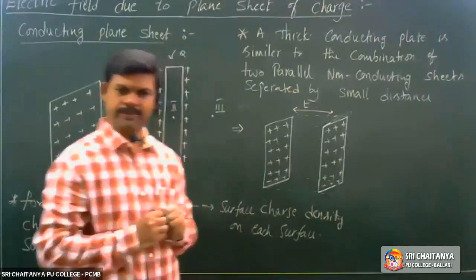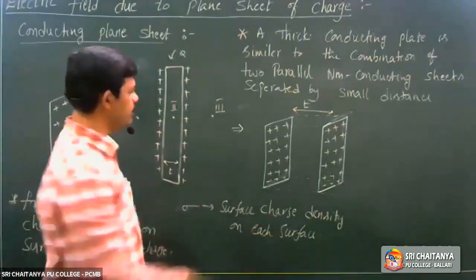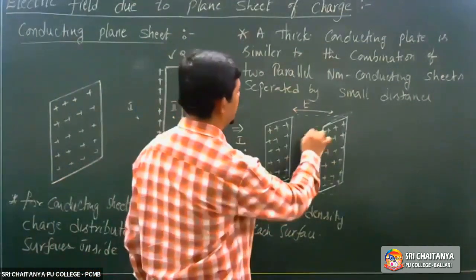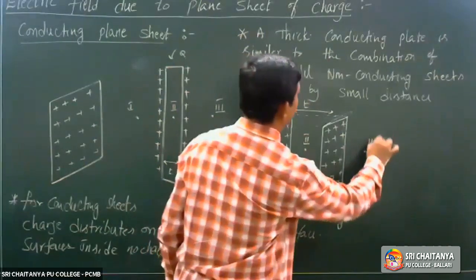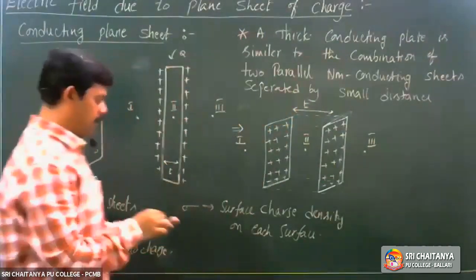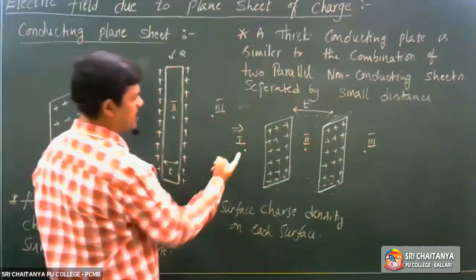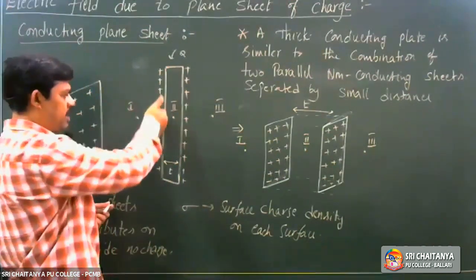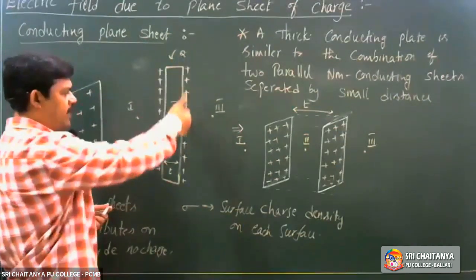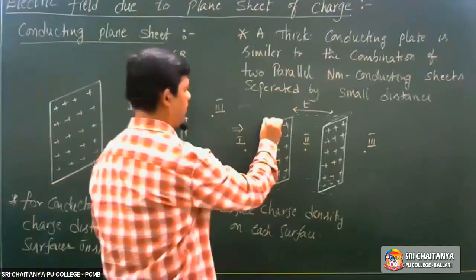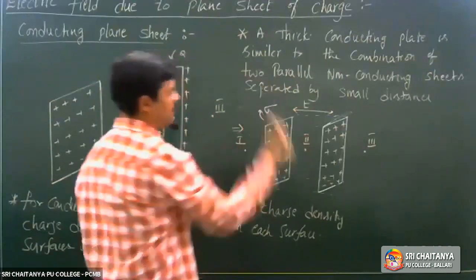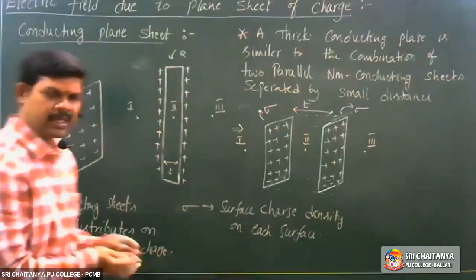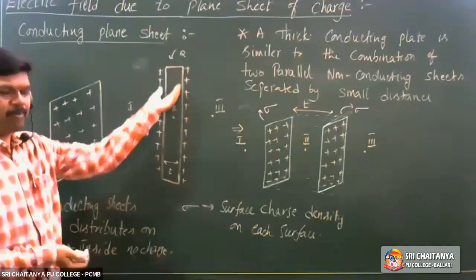This is point 1, this is point 2, and this is point 3. Here the surface charge density is sigma, and for this also it is sigma, because they are part of the same plate.